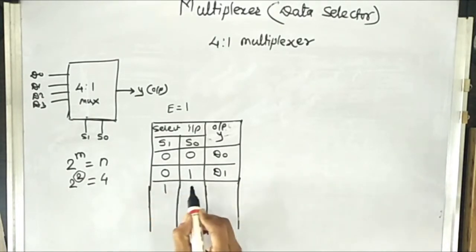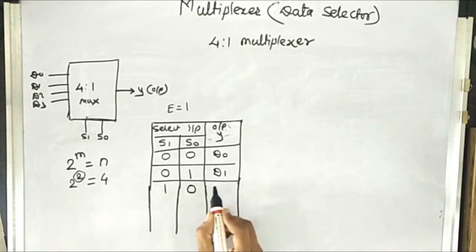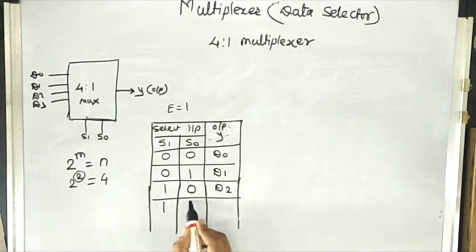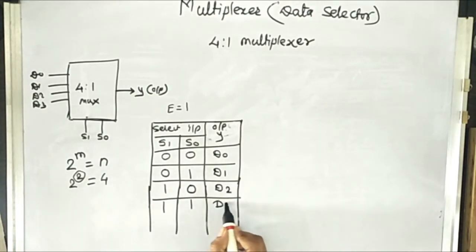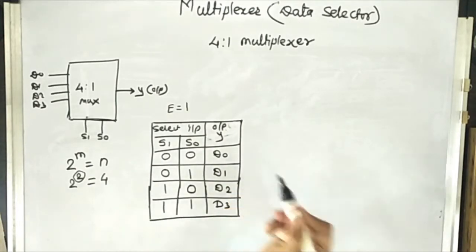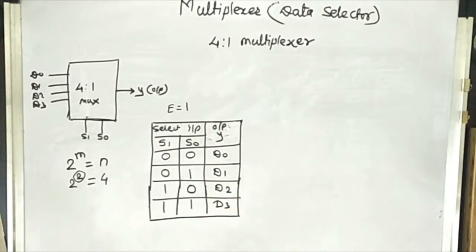If S1 is 1 and S0 is 0, then input D2 is selected. And if both select lines S0 and S1 are 1, 1, then input D3 is selected. In this way, we can select a particular input by applying a particular combination to the S0 and S1 select lines.